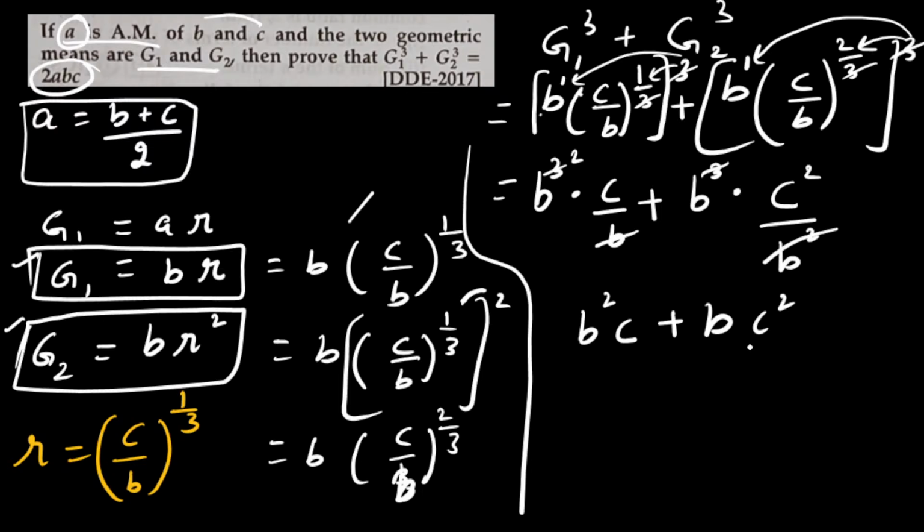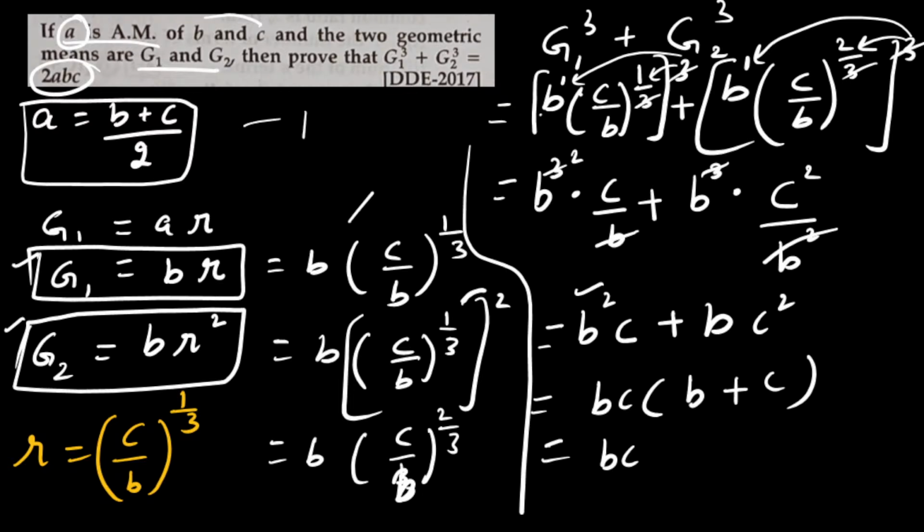Now what is common? bc is common. Because you're taking out the common factor, I hope everyone can understand. So what is left? One b is left here, one c is left here. So bc into (b plus c).